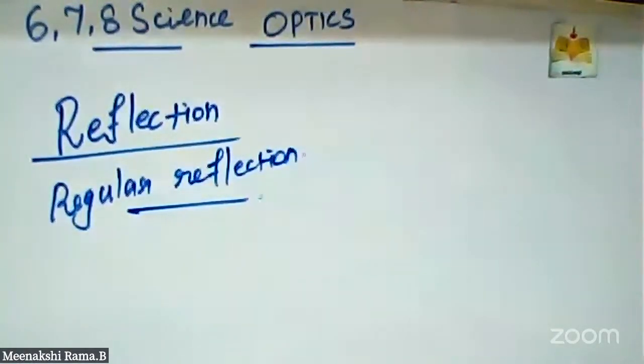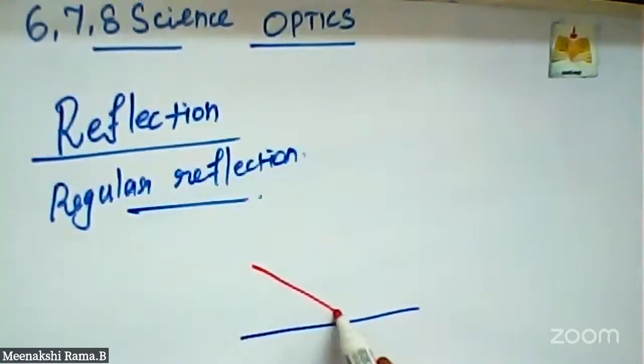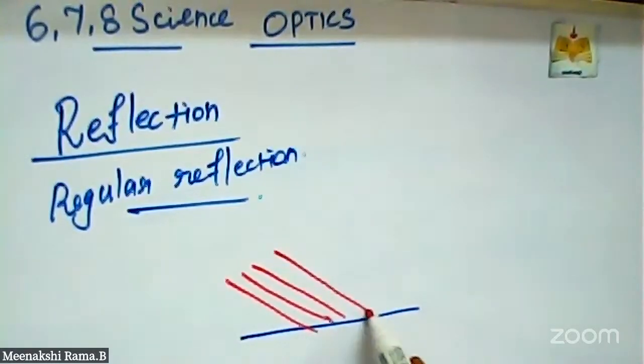So a beam of light falls on the smooth surface. Just imagine, this is the smooth surface. When we pass the light rays to that surface, they are automatically reflected. How is it reflected? In this manner.